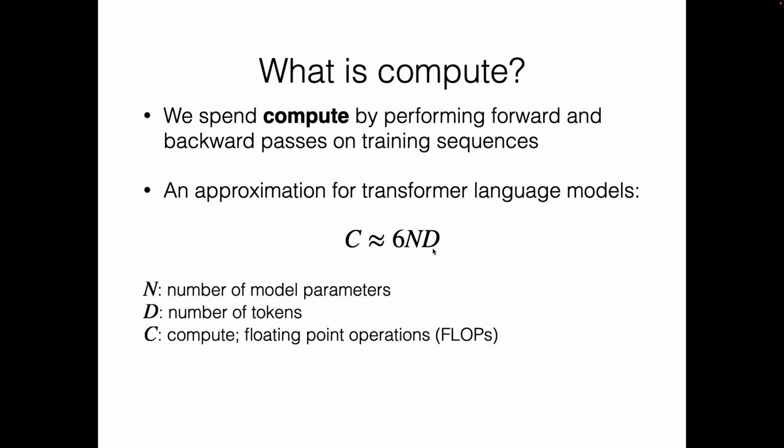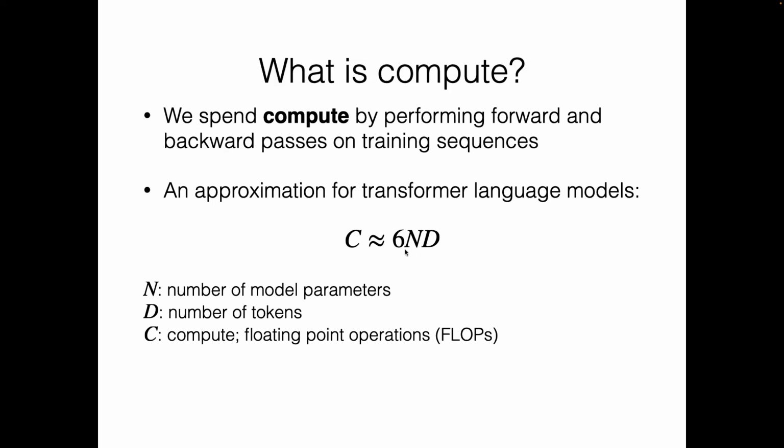And where this came from is there's actually this paper on scaling laws, and they looked at the transformer architecture and looked at exactly how many floating point operations were being used for a given number of tokens. And then they basically made some approximations so that you could have just an easy formula.